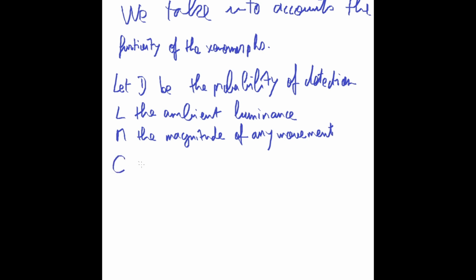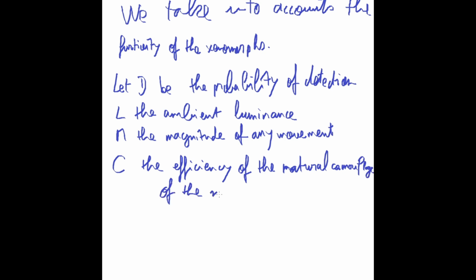C, the efficiency of the natural camouflage of our xenomorph. Then we can say that the probability of detection is L times M divided by C.